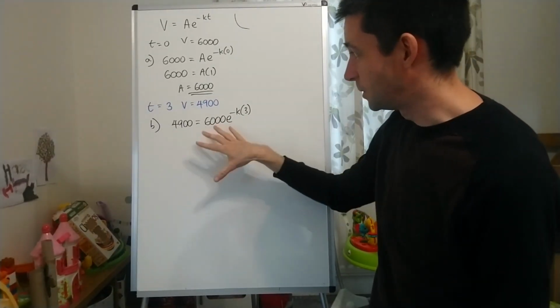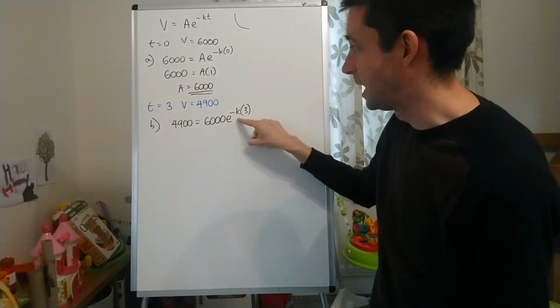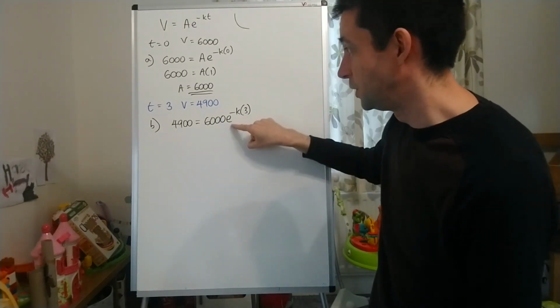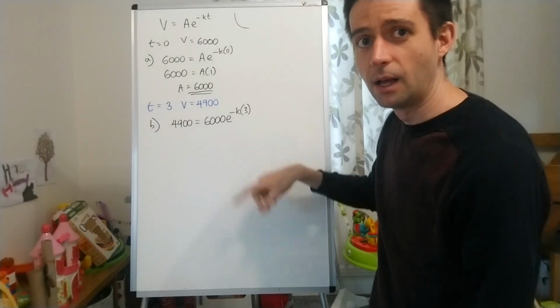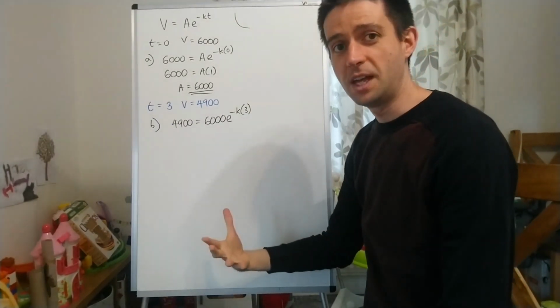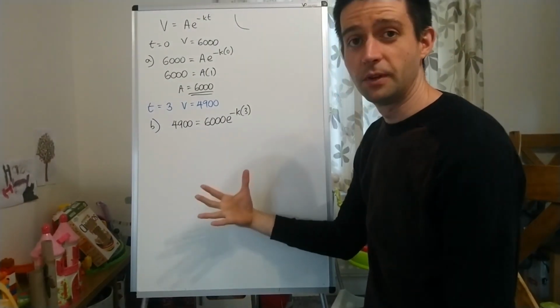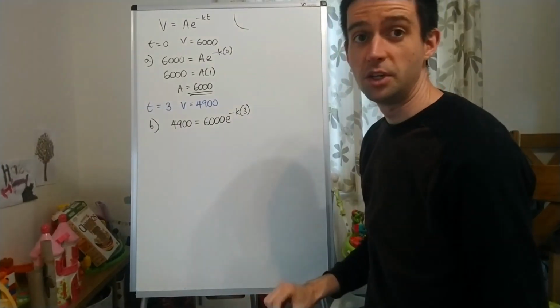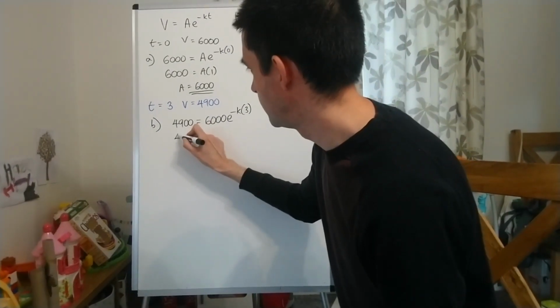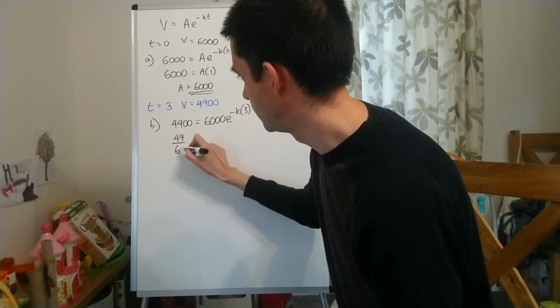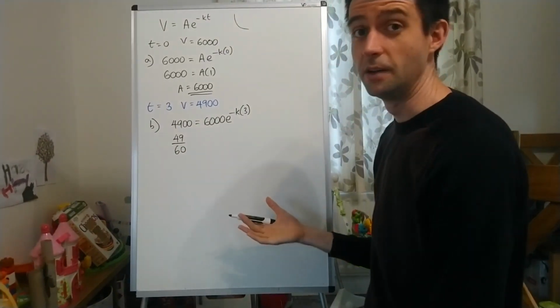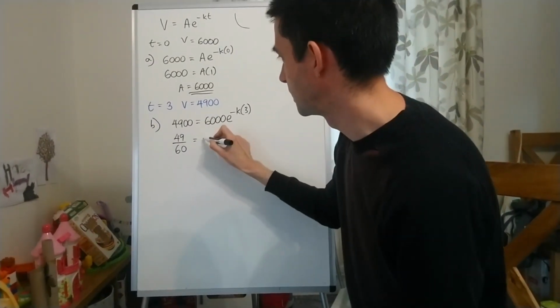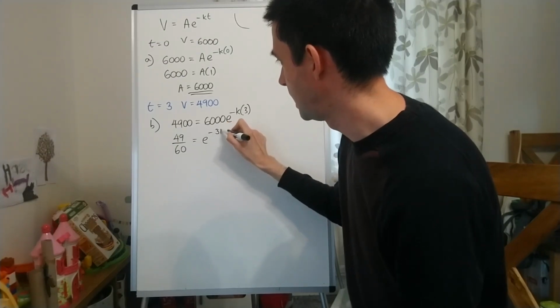What I'm going to do now is solve this equation to find the value of k. So you can see I've got an e in here, so I'm going to use the inverse function of e, which is ln, but to do that I first of all have to have e on its own. So dividing by 6,000 on both sides, I'm just going to simplify that to 49 over 60, and that's going to equal e to the negative 3k.